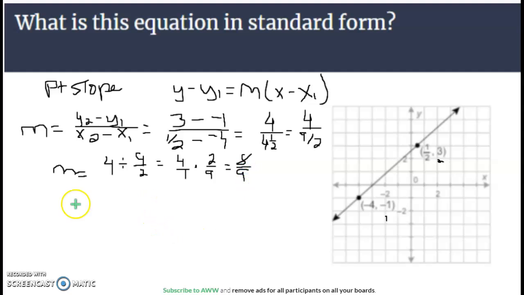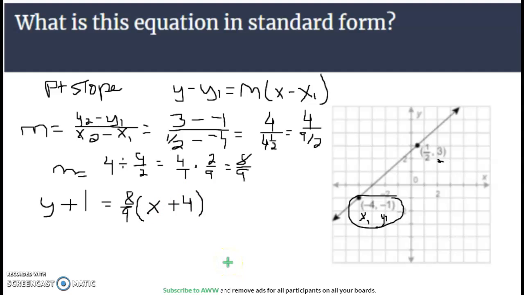All right. We can now create that equation in point slope form. I'll use this point as my x1 and y1. Y plus 1 equals 8/9, the slope, times parentheses x plus 4.